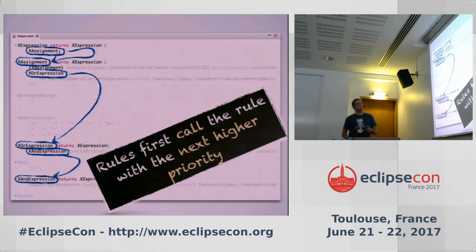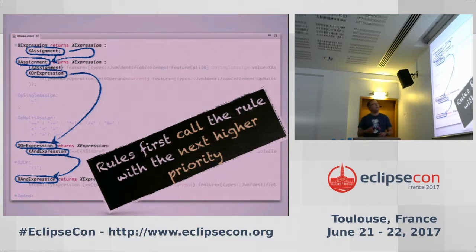Next thing that we see, that's an important thing. Each rule calls first the next rule with the next higher precedence. So this we see here. So the assignment delegates to the OR expression, to the AND expression, and so on. This goes on and on and on through all kinds of expressions that you support in the language.